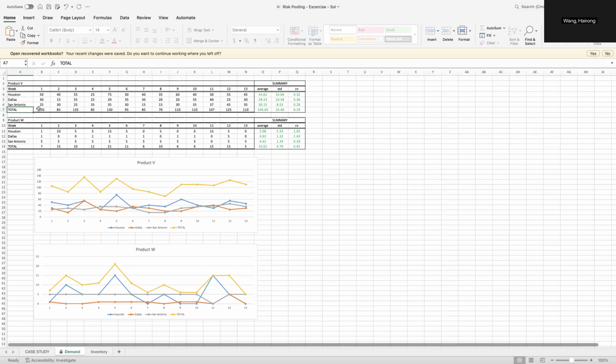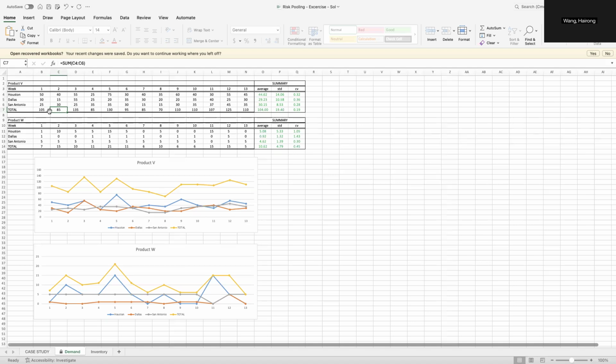So we firstly need to calculate the summation for each week for all the locations. For example, for this part, we need to calculate the summation of 50, 30, and 25. Similarly, for the second week, we need to calculate the summation of 40, 15, and 30.